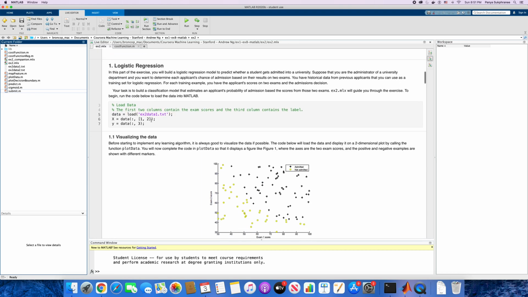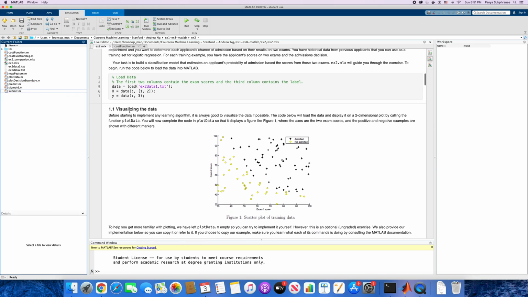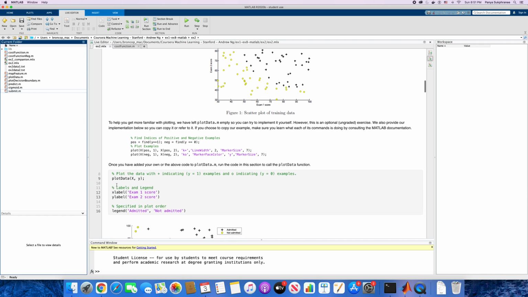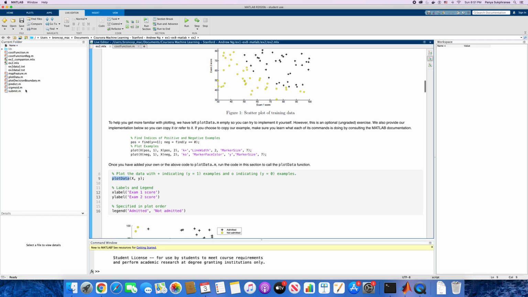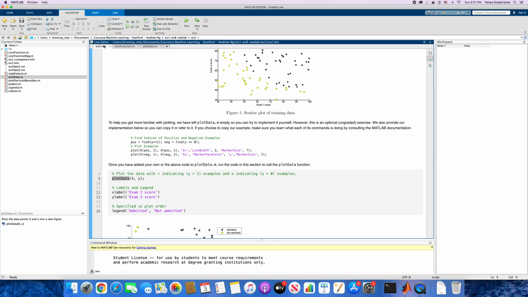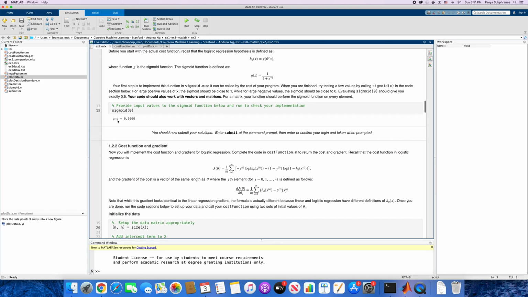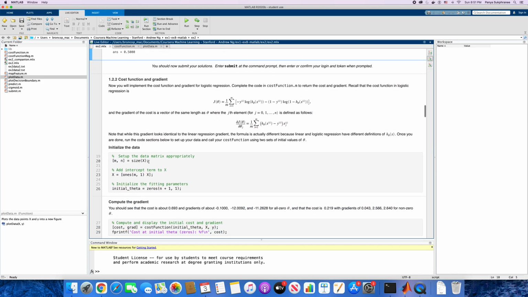What we do is fill in the blanks for the functions that these live scripts call. Like here, plotData was a function that we had to fill in. I wrote this here. Like sigmoid is a function that we wrote.